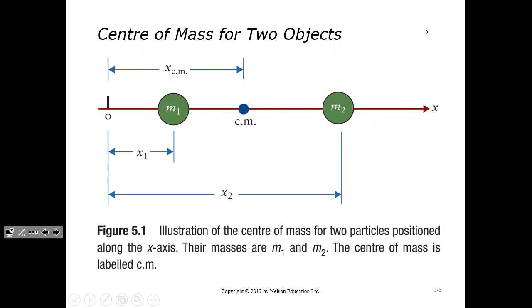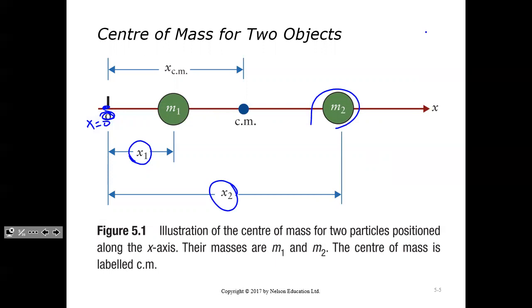With respect to some coordinate system, let's say I have the 0 of this, this is the x-axis, x equal to 0 is here, and the position of m1 is x1, and the position of m2 is x2. So our task is to find where the center of mass of these two objects is.